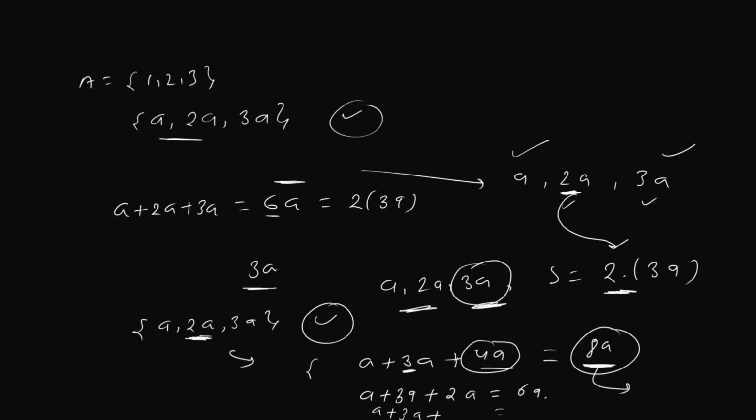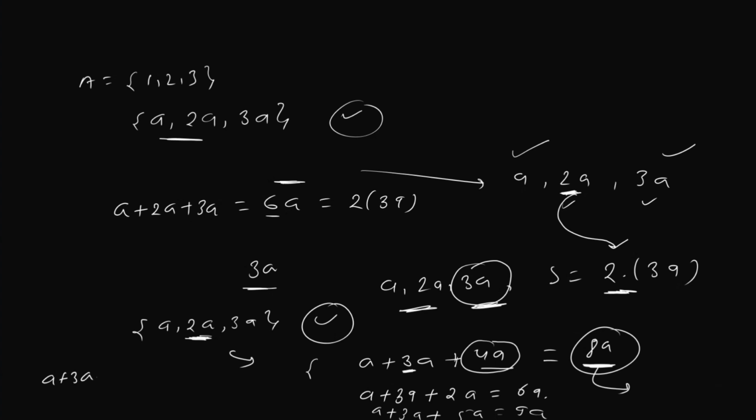So 3 times 3 is 9. For 9a, we'll have to put 5a, which is not good. So what else could we have?